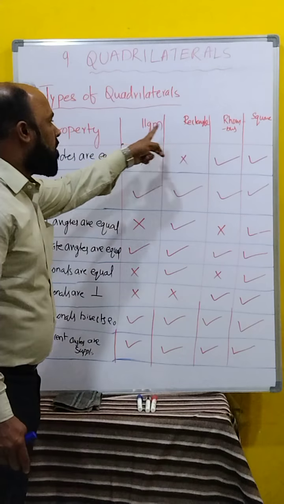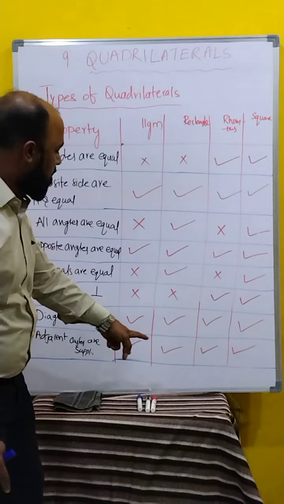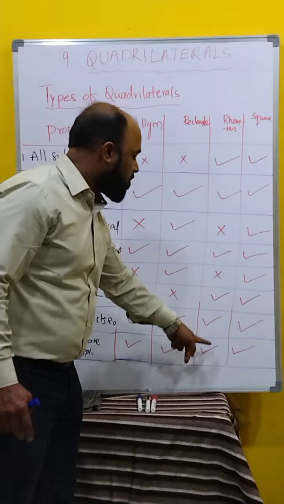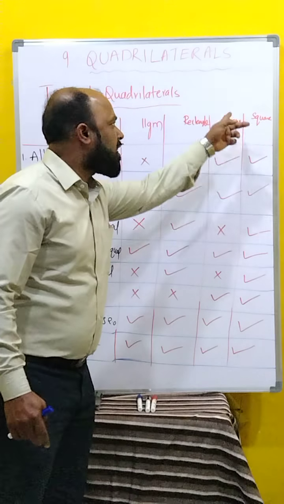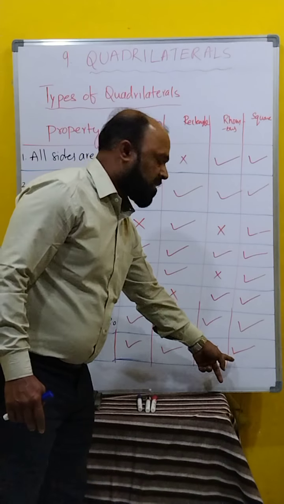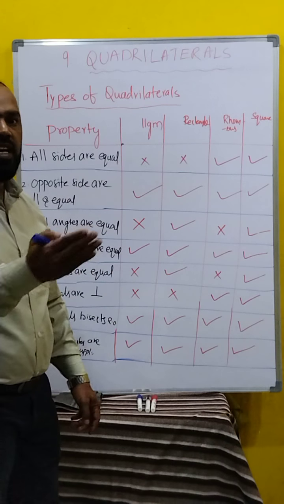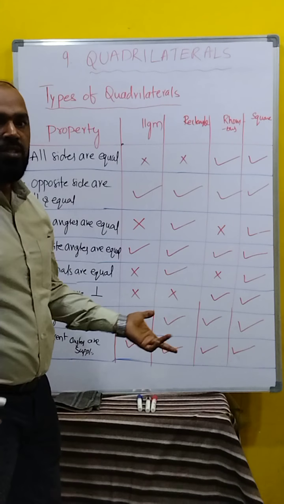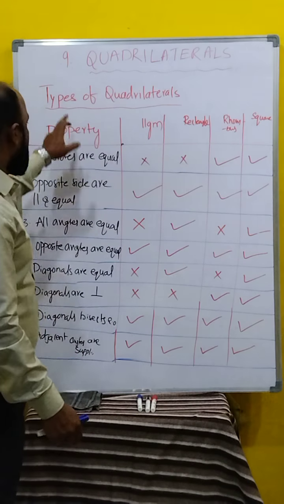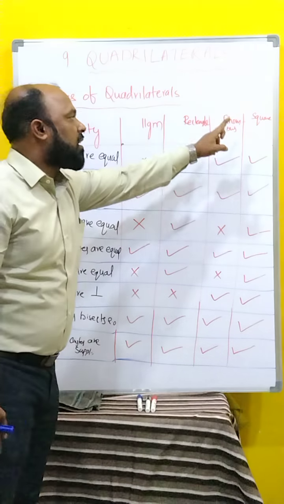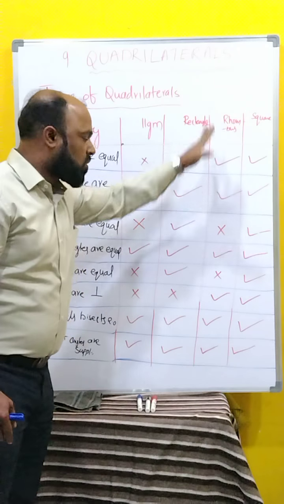Yes, in a parallelogram, in a rectangle also, the sum of two adjacent angles is 180. In a rhombus also, yes. And in a square also, yes. Suppose angle A is 90 degrees, angle B also 90 degrees. A plus B is 180 degrees. These are the properties of parallelogram, rectangle, rhombus and square.